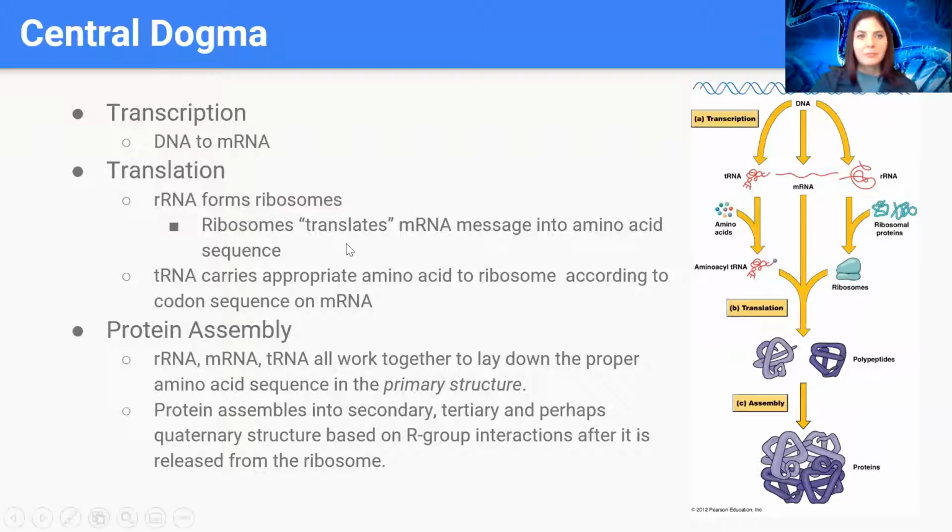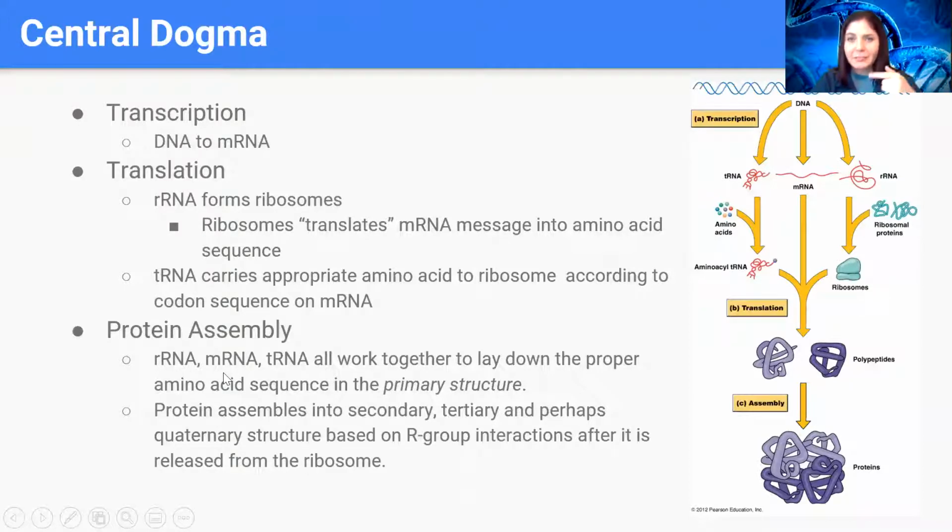The process by which DNA is transcribed into messenger RNA is called transcription. Once that occurs, messenger RNA can leave the nucleus, and then translation will occur. It will latch on to a ribosome, and it will be translated into a fully functional protein. So the protein assembly goes to the ribosome. We have ribosomal RNA.